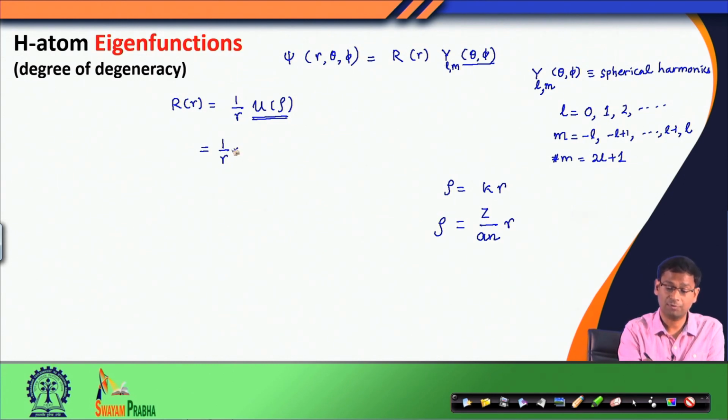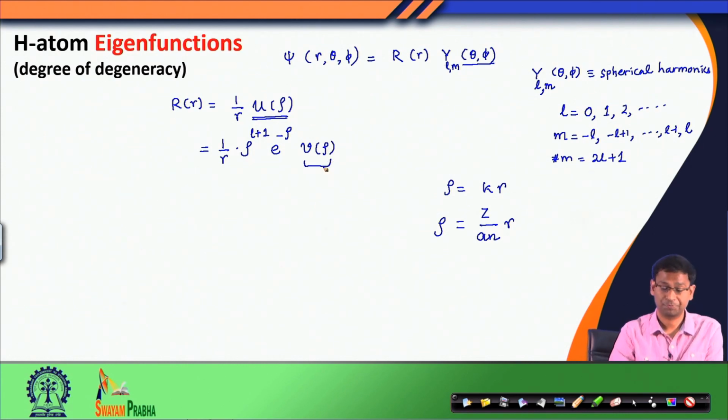So, we had rho to the power L plus 1, which is one asymptotic solution, e to the power minus rho, which is the other asymptotic solution, plus the main body of the problem, which we called V of rho.